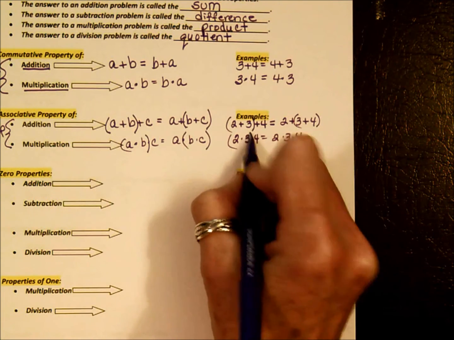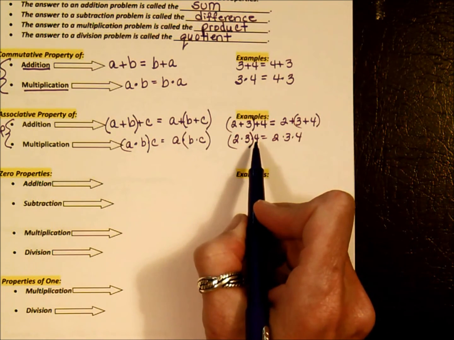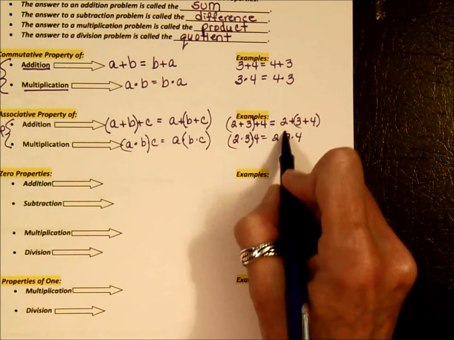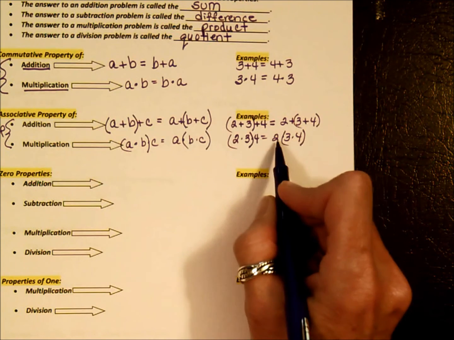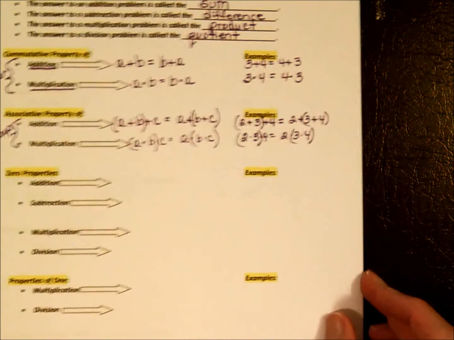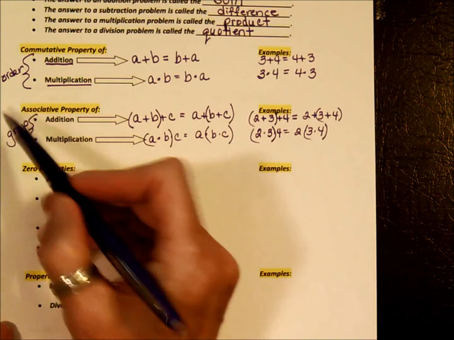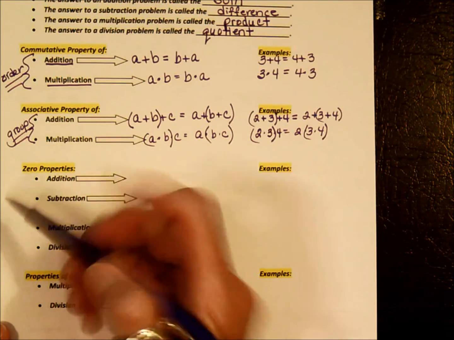I can either say 2 times 3 is 6 and 6 times 4 is 24. Or I can say 3 times 4 is 12, do that first, and 12 times 2 is 24. So I still get 24. So just remember that the commutative property is about order and the associative property is about grouping, how you group numbers together.